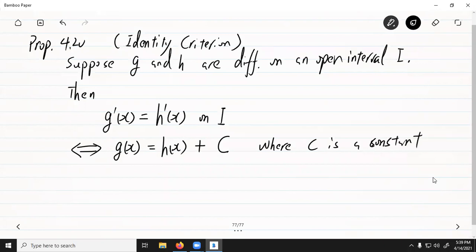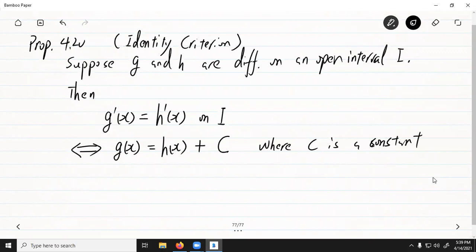Okay, so this proposition tells us that if you have two functions that are differentiable on the same interval, and the derivatives are equal on the whole interval, then the difference between these two functions must be a constant. This proposition is very useful for differential equations, right? This is the foundation of differential equations.